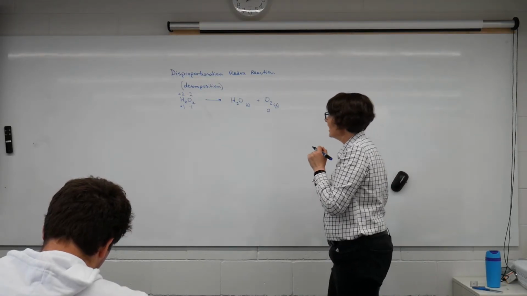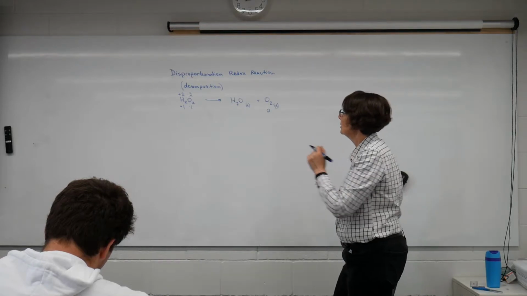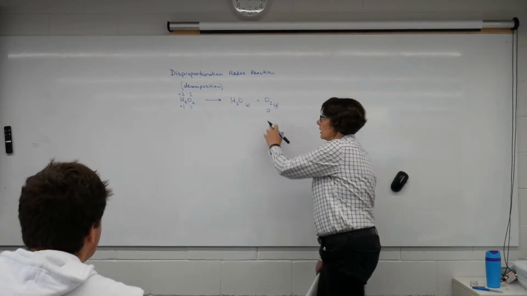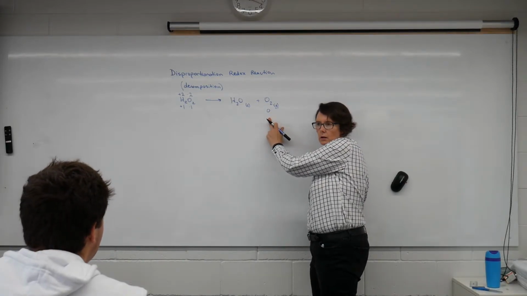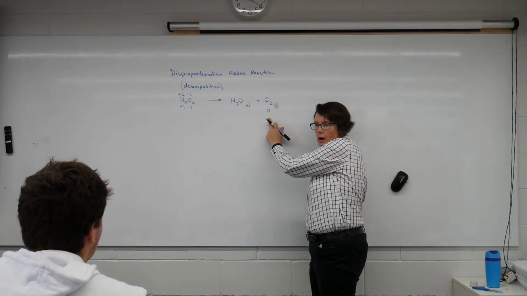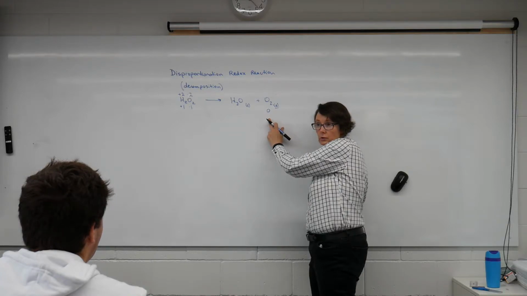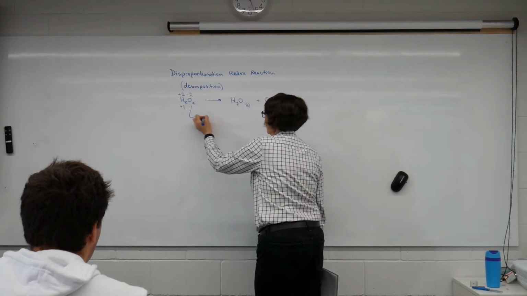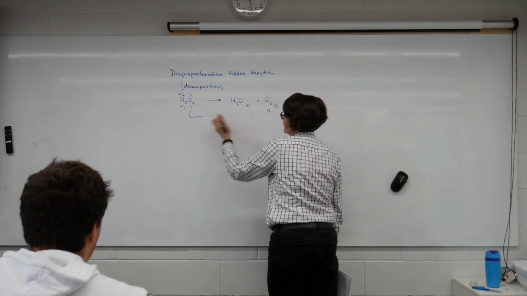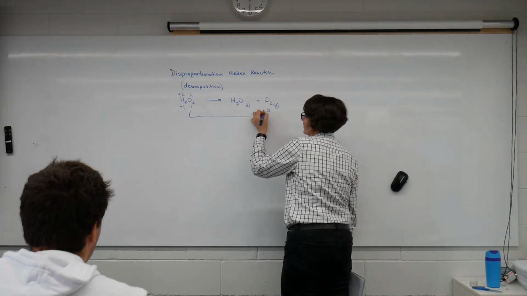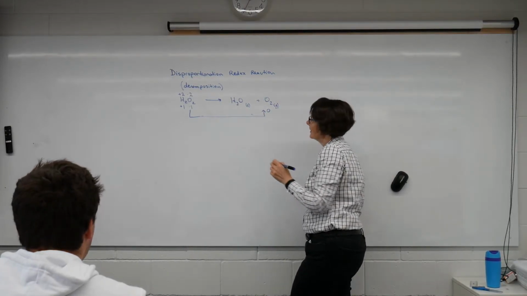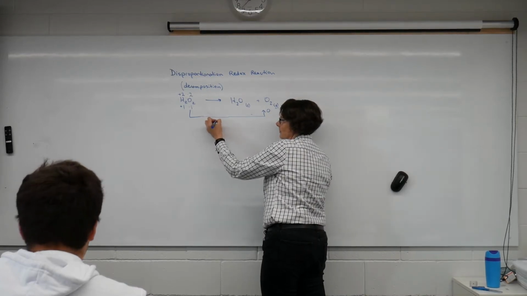So what's happened to the oxygen part here? If I've gone from -1 to 0, I have to have lost an electron to become more positive. And so, Chelsea, what's that? Oxidation is loss.